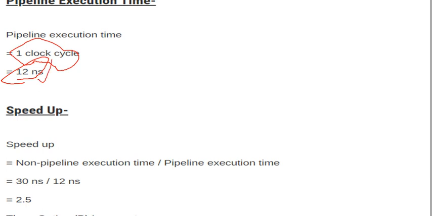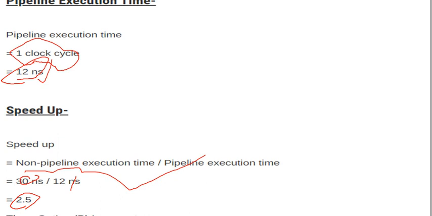So what will be the speed up? We have already discussed the formula. It's the non-pipeline execution time upon the pipeline execution time. We have seen in our time calculation that the non-pipeline execution time was 30 nanoseconds, and the pipeline execution time is 12 nanoseconds, and we can find the ratio, it is 2.5.